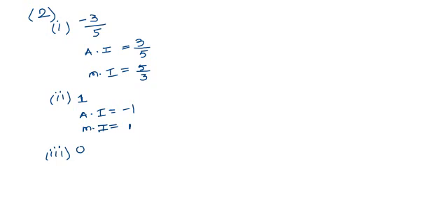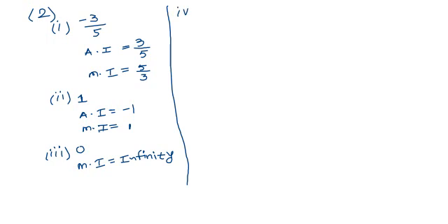Okay, so these are the 3 questions, and next we'll go for the fourth question. They gave 7 by 9. The additive inverse is minus 7 by 9, right? And the multiplicative inverse is 9 by 7, directly we can write.